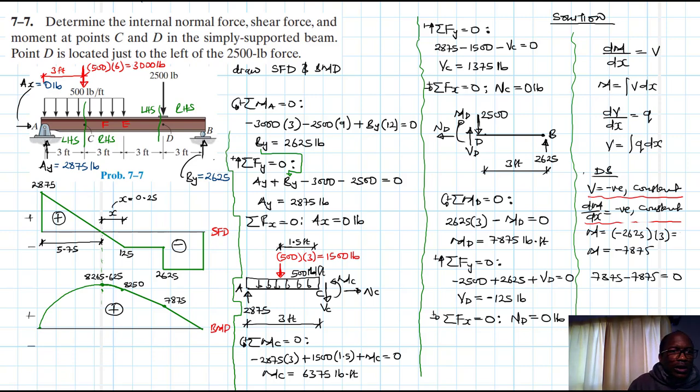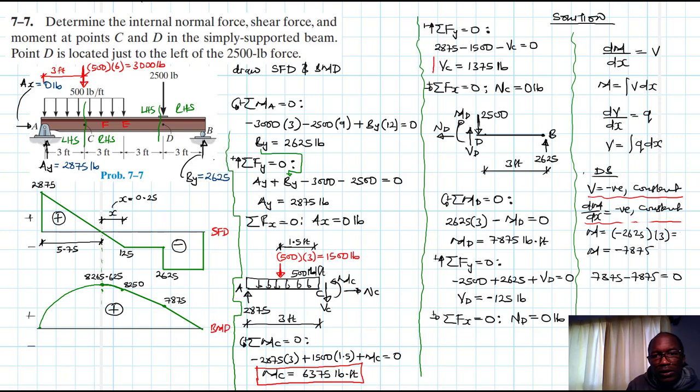Let me just outline the internal forces at C. So at C we had MC of 63.75, and when we look at our moment using this moment diagram, where is MC there? Just before the maximum, for sure it makes sense.